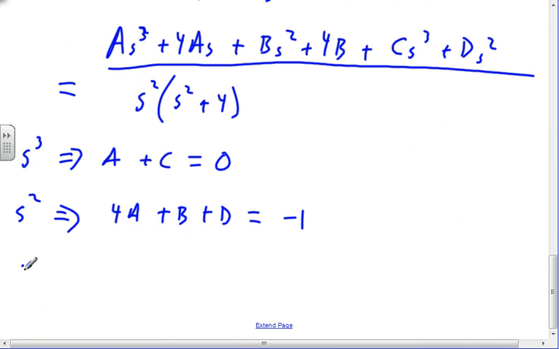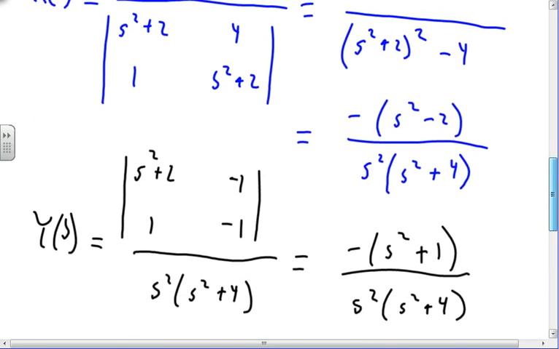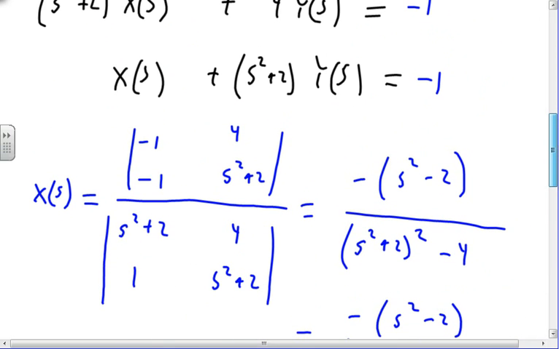Then there's the s term, 4A, and that has to equal 0. And then there's the unit term, 4B, and that has to equal 2.